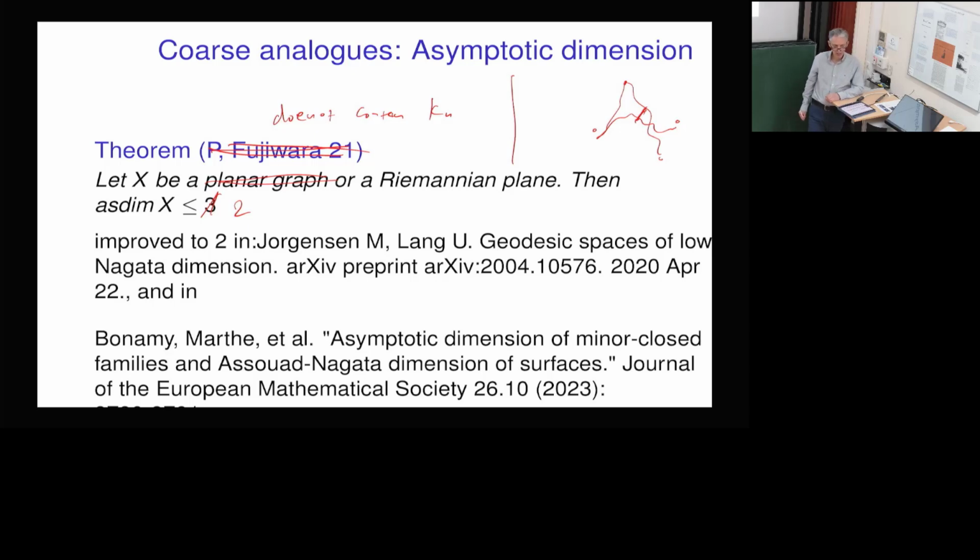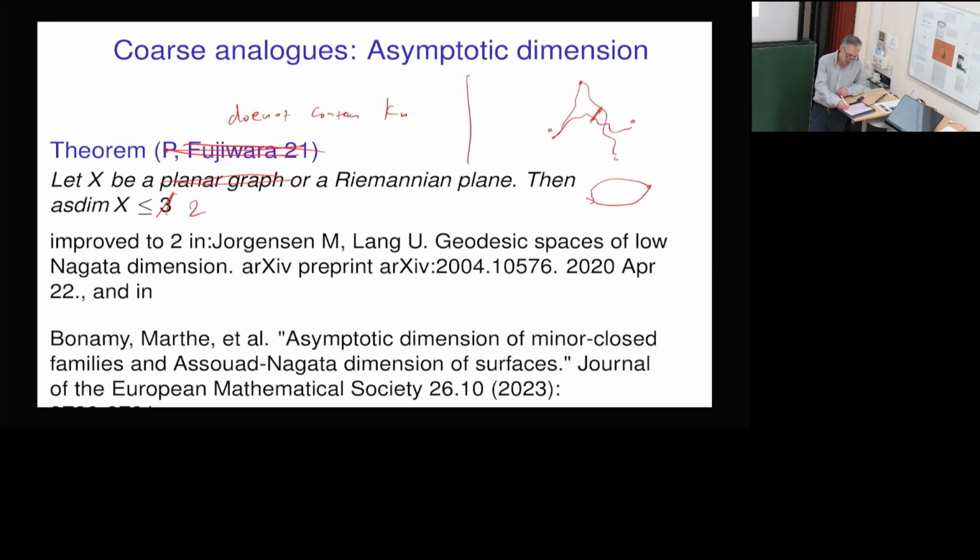So in some cases one knows that if you don't have a coarse K_n, then you are quasi-isometric to something that doesn't have K_n, but this is not true in general, so you cannot get it for free, so to speak. But in some cases it's true. For example, for trees, something is a tree if and only if it doesn't have a coarse K_2.